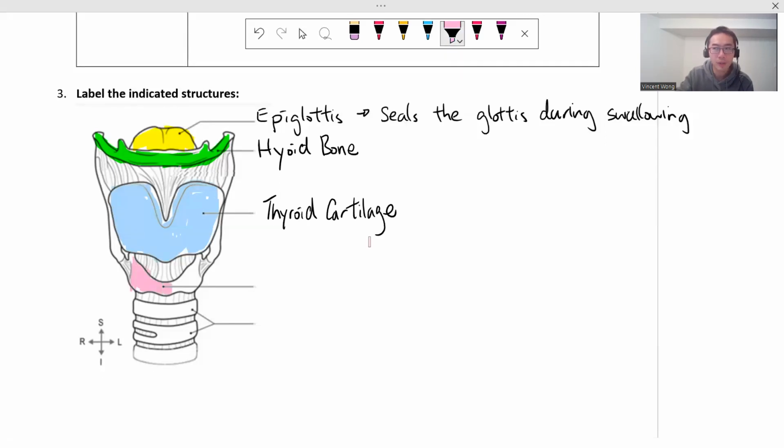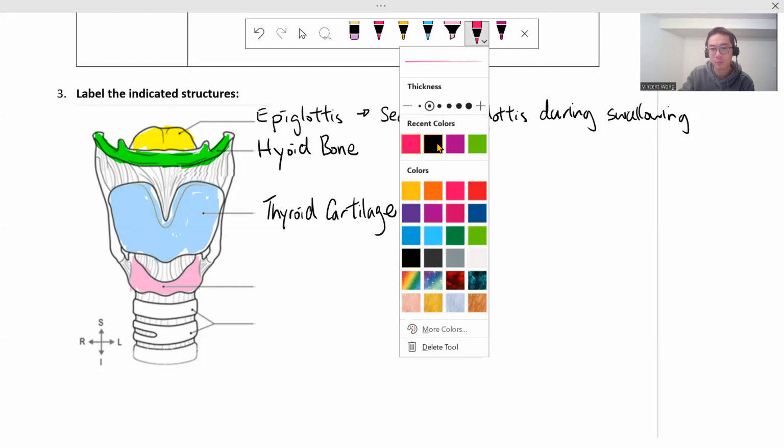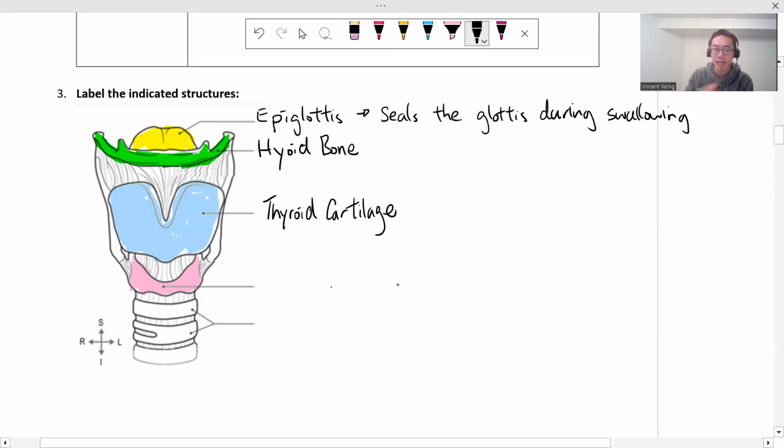We have another cartilage here. Why is it less prominent in females? I don't know. It's one of the mysteries of the difference between male and female. But I can tell you that it's part of the reason why the pitch of the sound is different, right? Generally, the deeper voice versus the higher pitch voice is because of the thyroid structure.